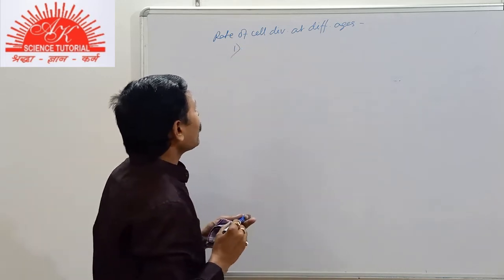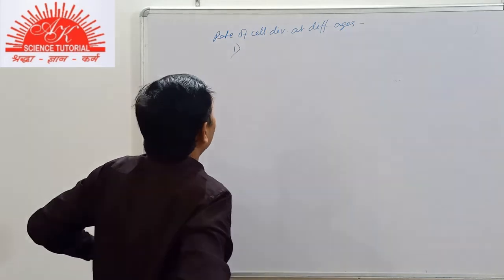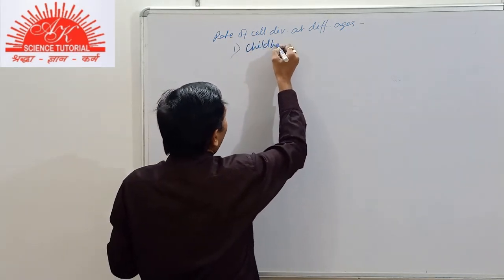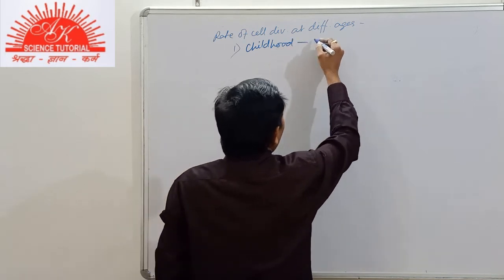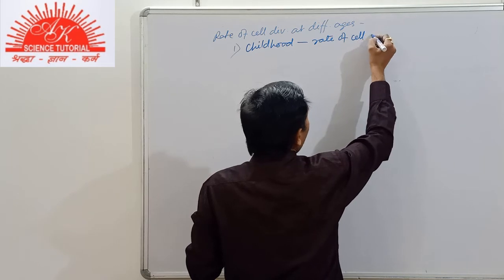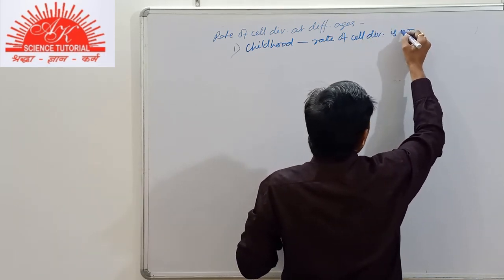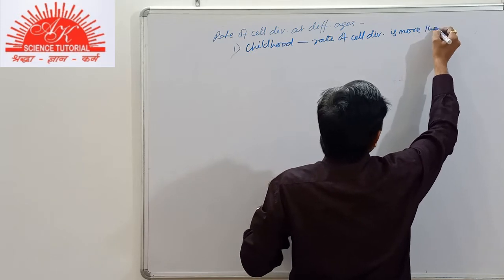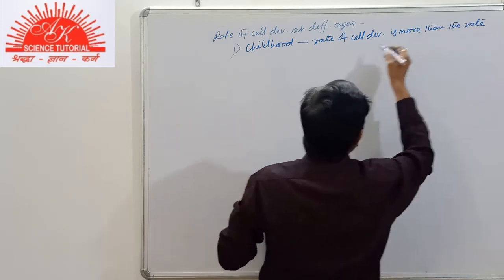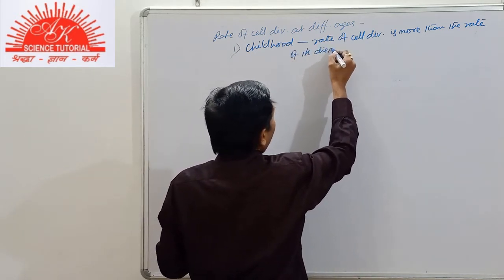Like in childhood, rate of cell division is more than the rate of its disintegration.